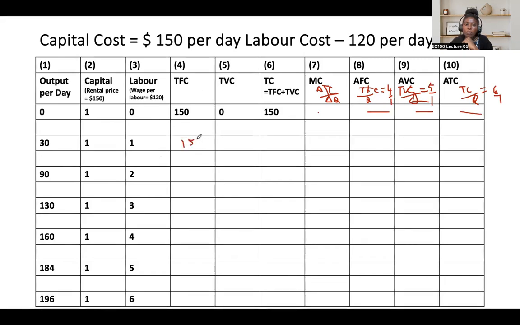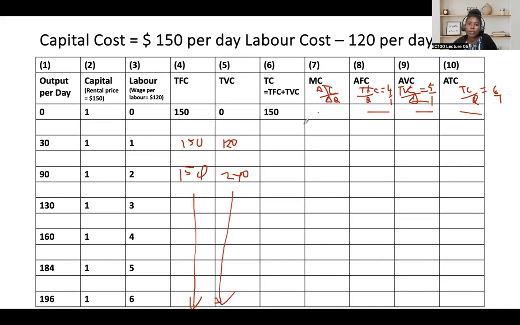So to make your work easier, you might start by filling one value all the way to the end, because we're not going to alter it. Then total variable cost: you take 120 times 1, where 120 is the cost of labor. And then 120 times 2 is 240. And then you go all the way.